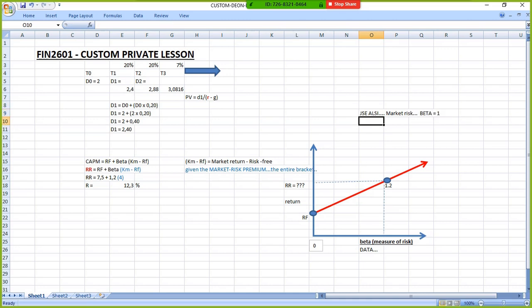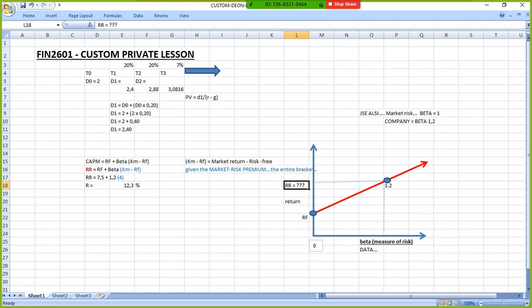Market risk would be 1. If you're investing in a particular company, this company has a beta of 1.2. 1.2 represents a risk that is slightly higher than all the other companies in the market, basically. So if I had to invest in this particular share, how much am I going to expect as my required return?